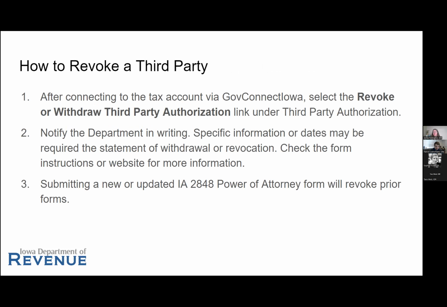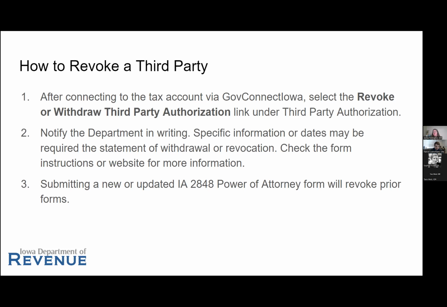So let's talk about revoking an authorized third party now. A good example that we've seen is that, say, a business owner decides to change their tax preparer, their tax firm. So this means that a new preparer would be handling their tax affairs. This means that the prior tax preparer's authorization needs to be revoked and a new tax preparer should be authorized.